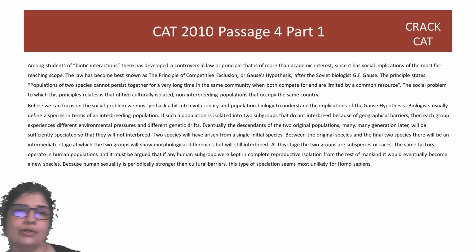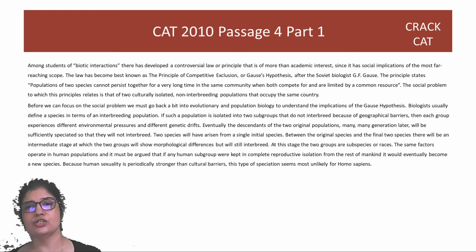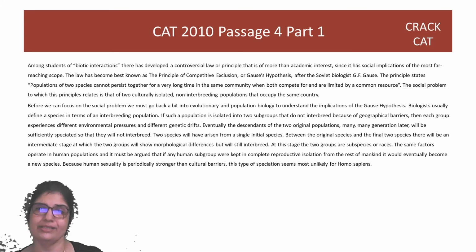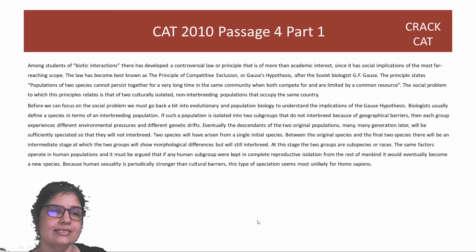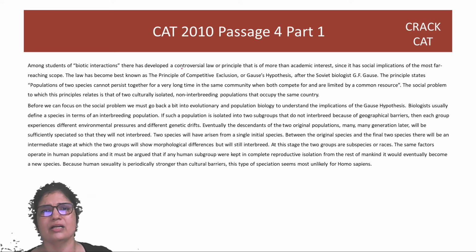Among students of biotic interactions, there has developed a controversial law or principle that is of more than academic interest, since it has social implications of the most far-reaching scope. So there is some controversial law that has social implications. The law has become known as the principle of competitive exclusion. Okay, so जो hypothesis है, what is the principle?